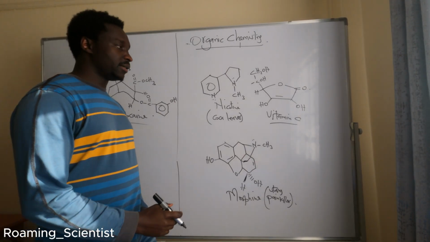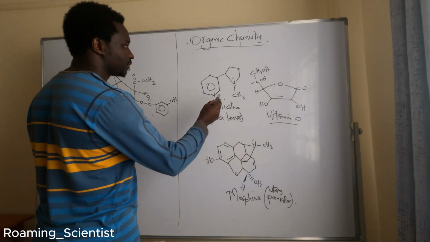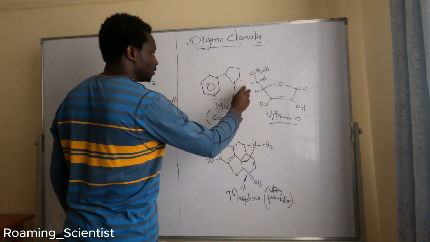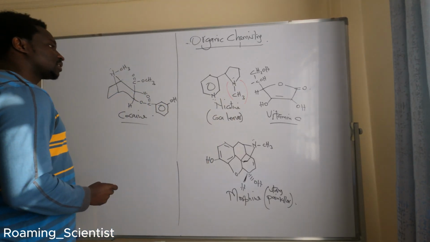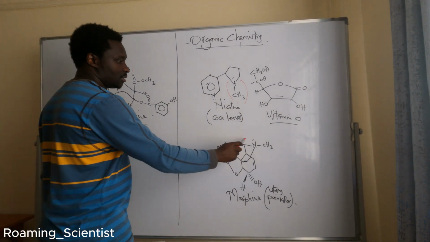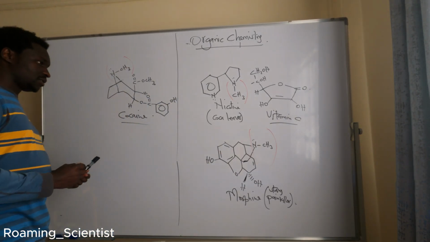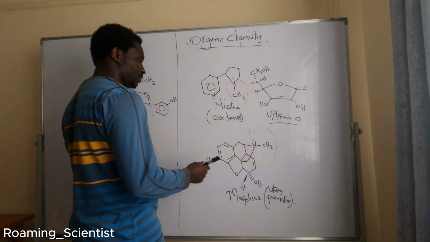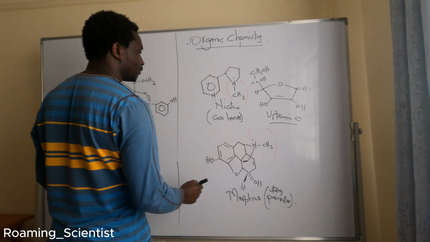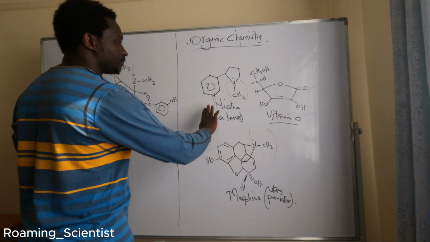So as you can see, there's something common in these addictive compounds. If you look at that, and look at that, they have this group in common, a nitrogen attached to a methyl group, that is common in all these compounds.